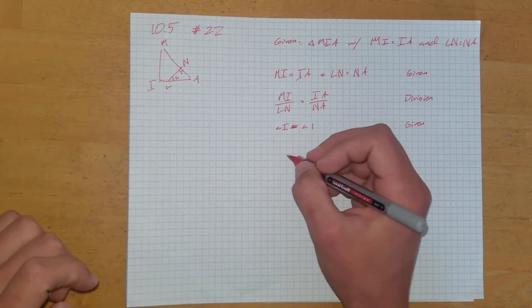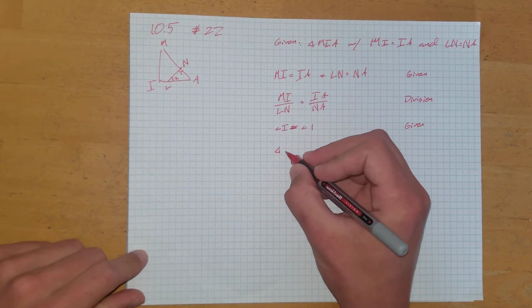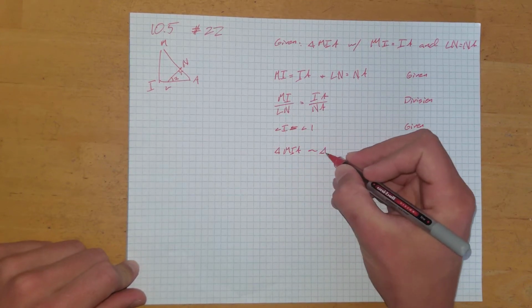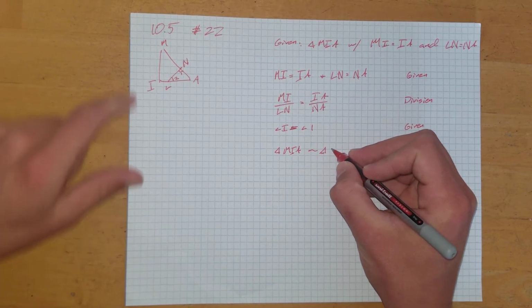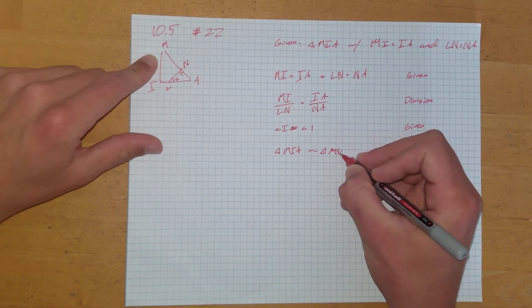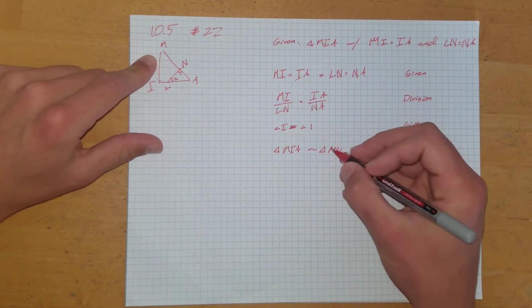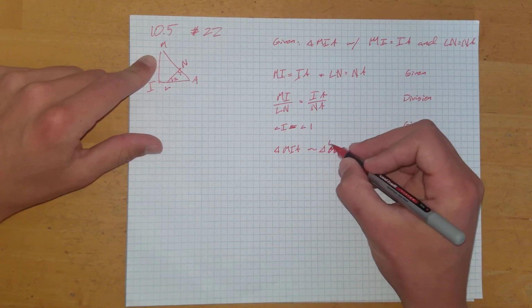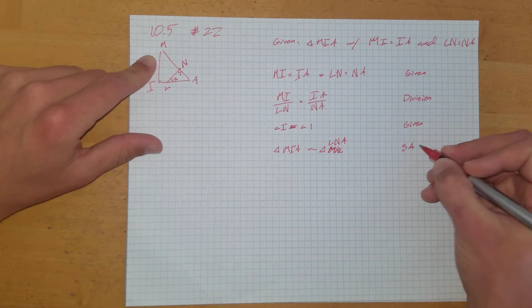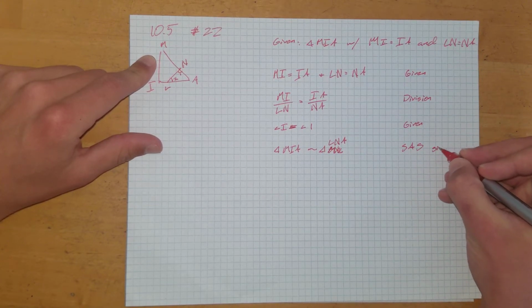So I know that this is going to work. Triangle MIA is similar to triangle ANL, or LNA, sorry. By side, angle, side, similarity.